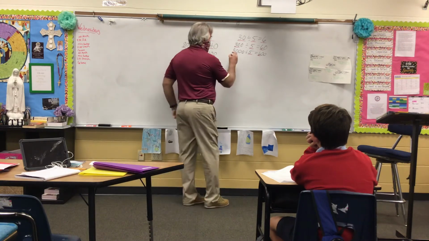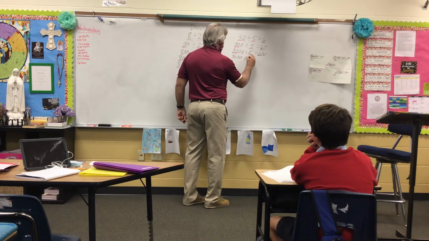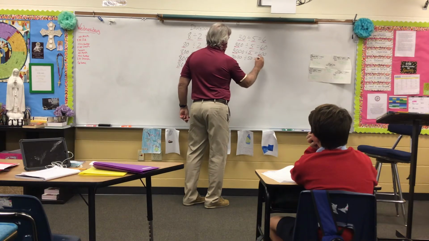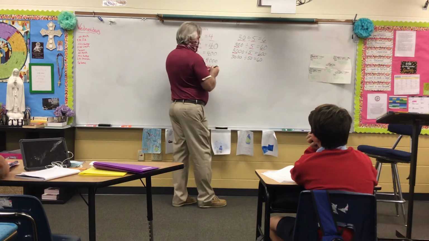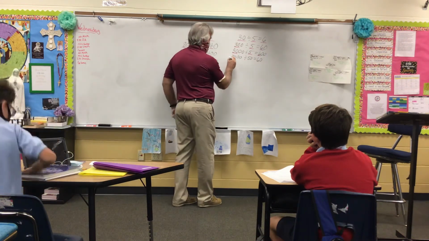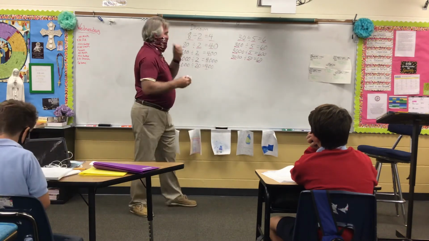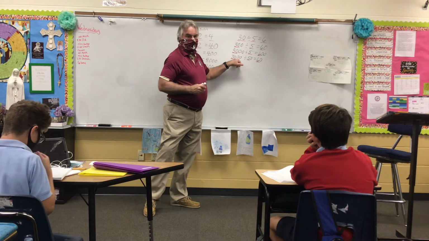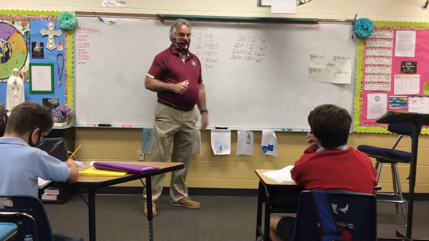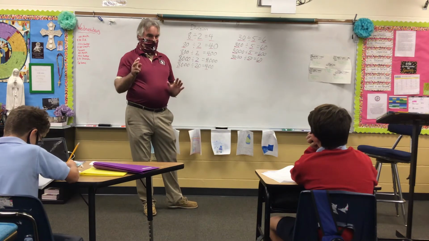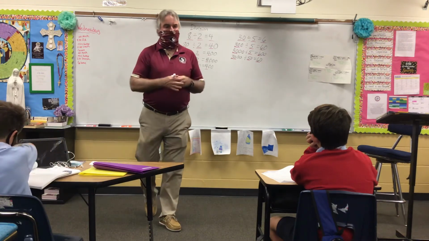Now, 3,000 divided by 50 equals 60. 3,000 has 3 zeros. Take away one of them, and that leaves you with 2. Okay? You catching on to it? Yeah. Watch out for those tricks.